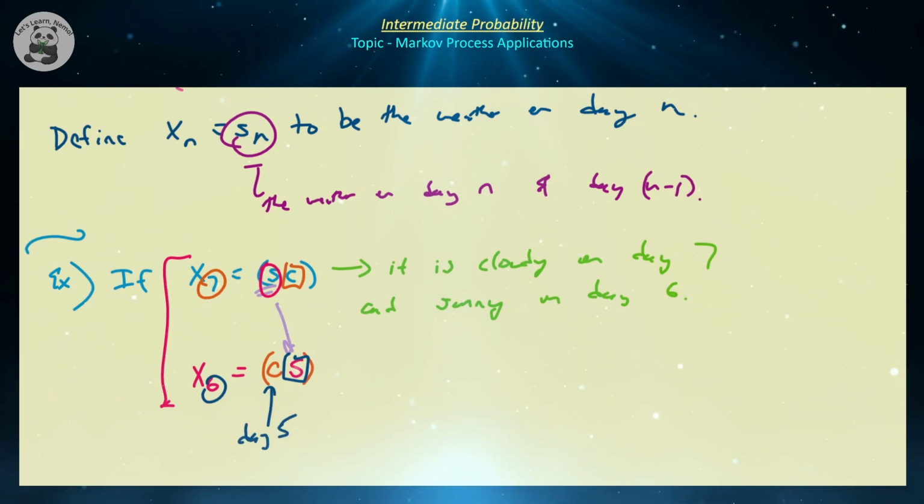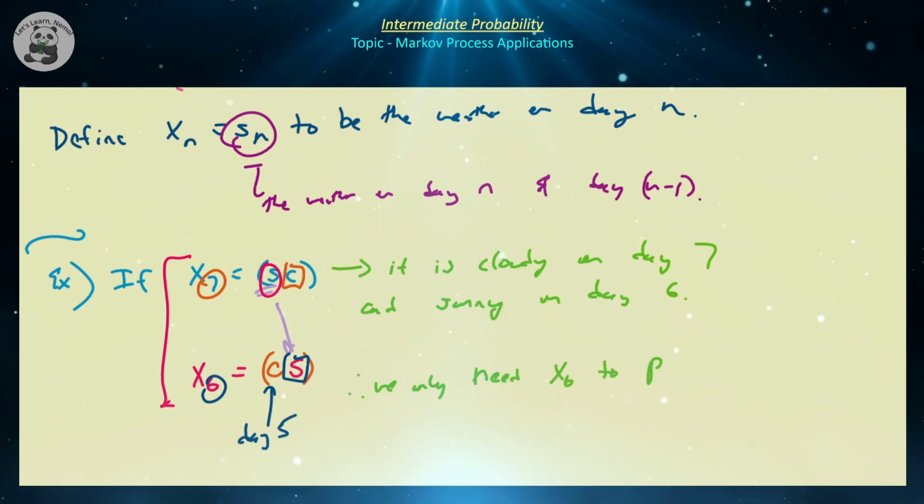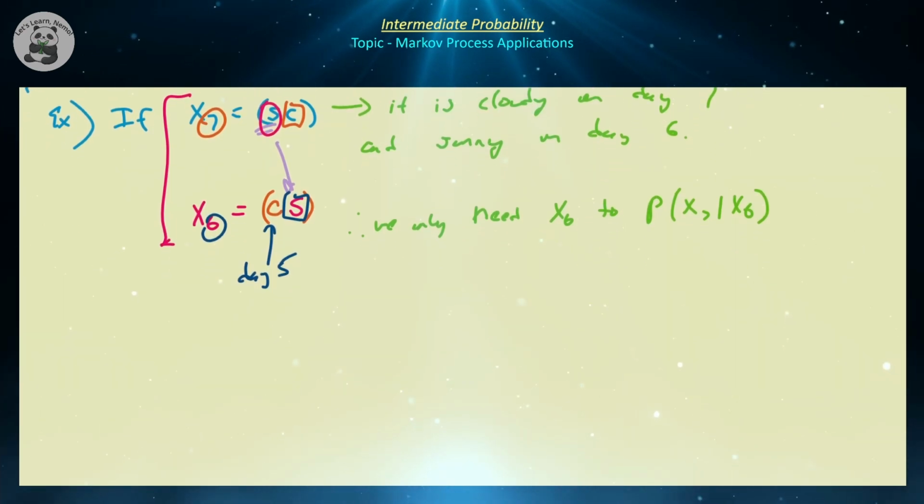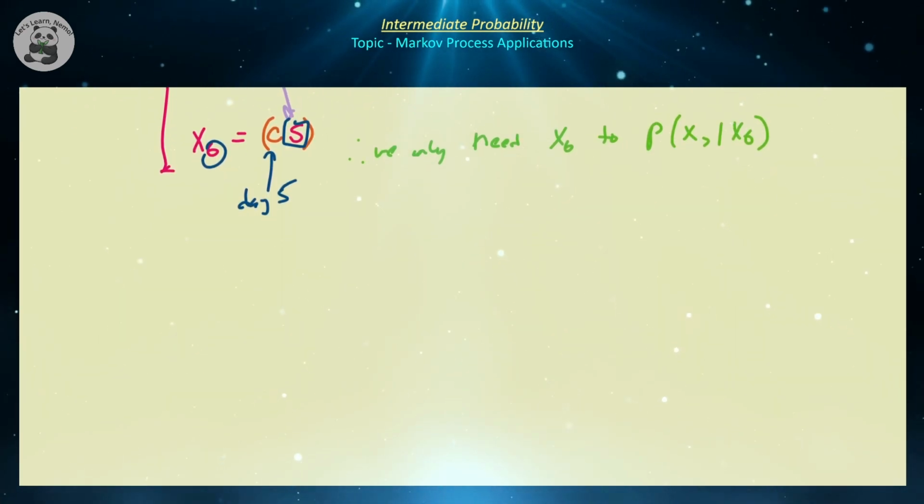So we only need the distribution of X6 to model the distribution of X7. So now we have our Markovian process, so now we can easily build our stochastic matrix for that Markovian process.